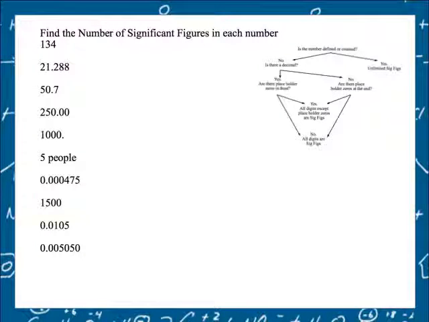Let's work through some examples, and I took the little flow chart from the previous slide so that we can refer to it. This first question, is the number defined or counted? We're going to get this question out of the way because most of your things are not going to be answered yes to that. The way you will spot that is I will have a unit there that is something obvious that doesn't come in fractions: people, cats, cars, things that come as whole units.